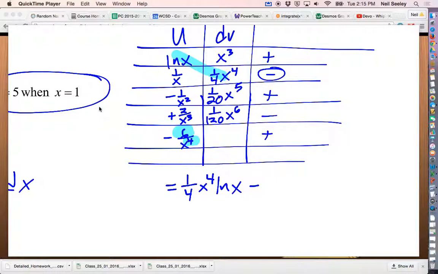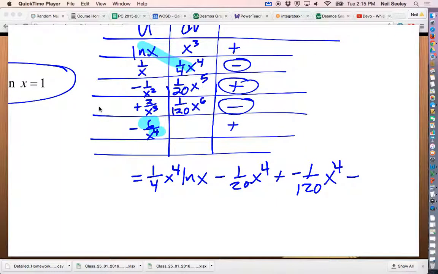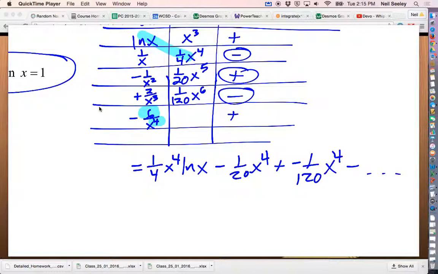Now 1 over x times x to the fifth, at least that cancels a little bit, so it's 1 over 20 x to the fourth plus, and then I do my next one, negative, looks like it's going to be x to the fourth again. Negative 1 over 120 x to the fourth, put on the minus sign. And then you just keep it rolling, dot, dot, dot, and that's going to keep rolling. So you have to figure out when to stop.